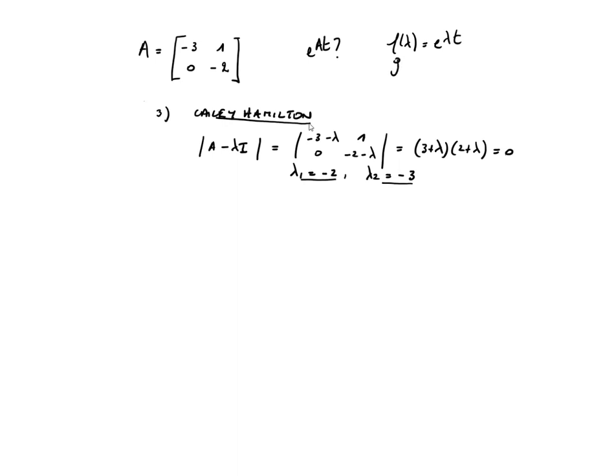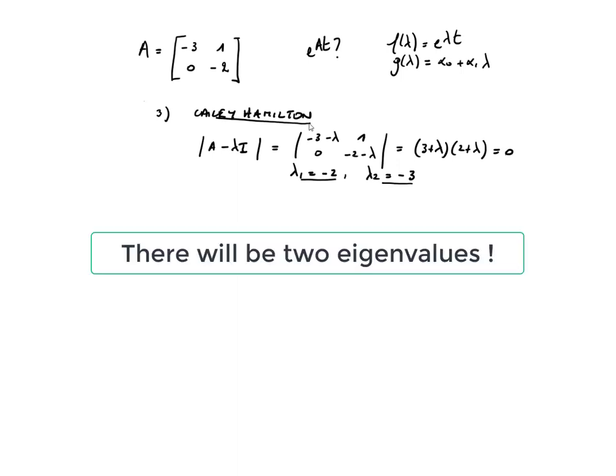We will consider a polynomial function in lambda, alpha 0 plus alpha 1 lambda. Well, there will be 2 eigenvalues, so if we impose that f lambda is equal to g lambda on the spectrum of A, there will be 2 constraints, so it's enough to take a polynomial that is of degree 1, that is n minus 1, where n is equal to 2.